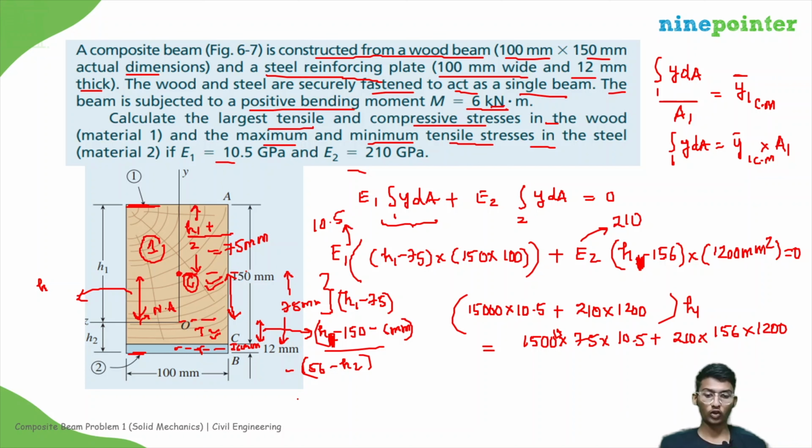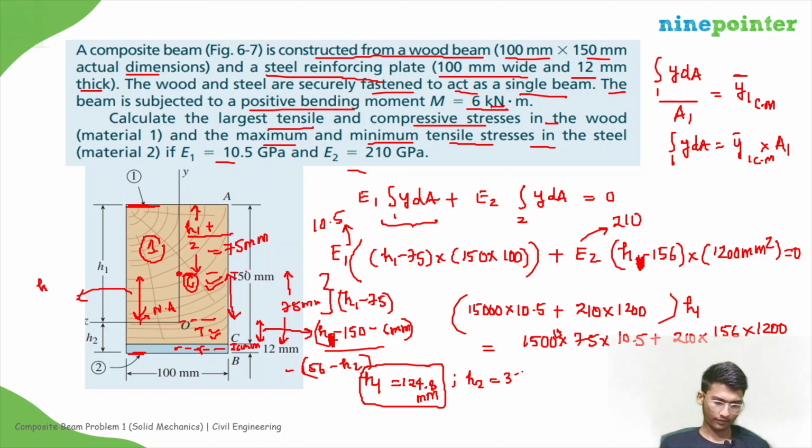So from this we can find out the H1 value. If you calculate the value, you get the value of H1 as 124.8 mm. From that we can say the value of H2 as 37.2 mm. Okay.